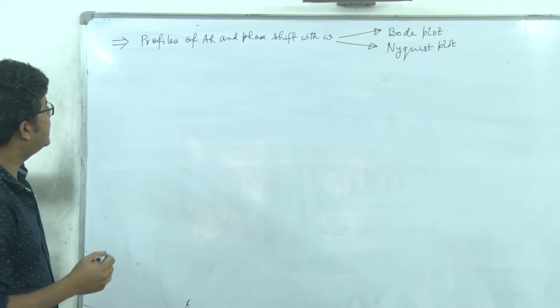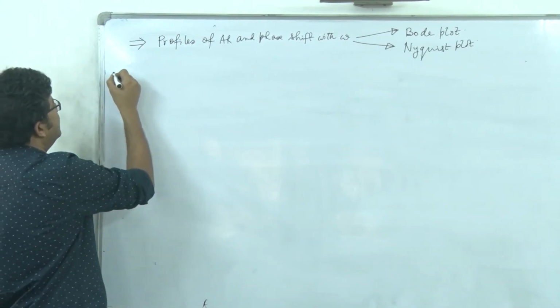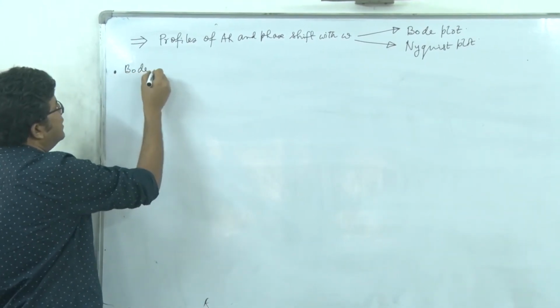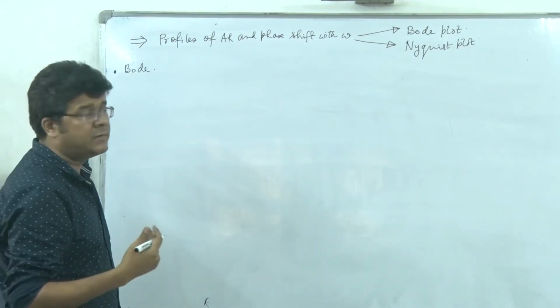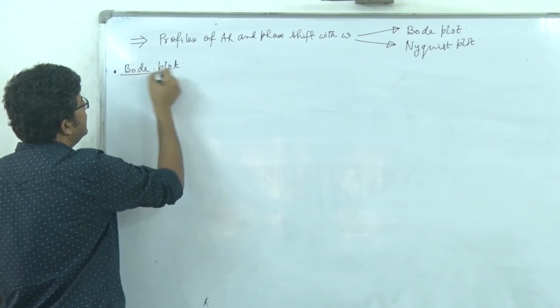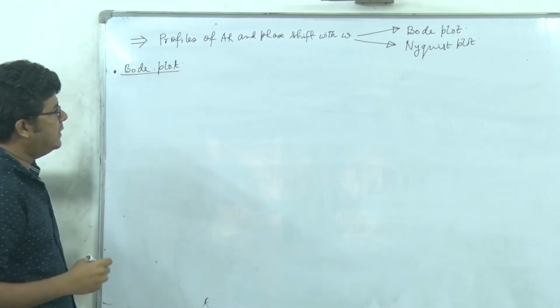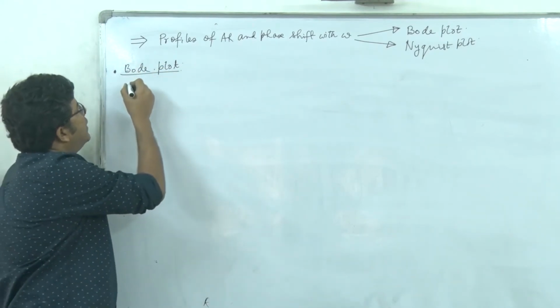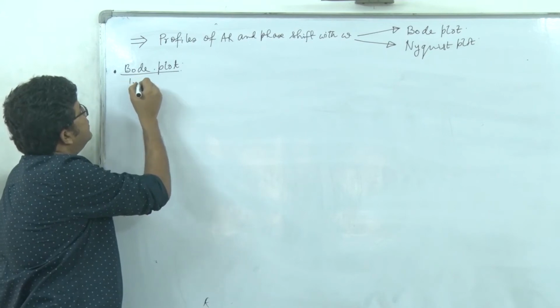First we will discuss the Bode plot and try to understand how to construct it for different types of systems. So Bode plot. See, first there are certain characteristics.